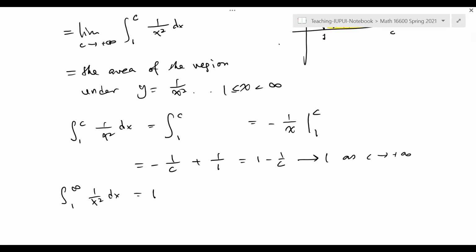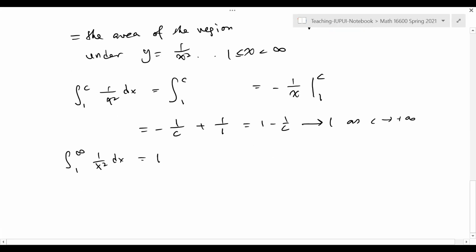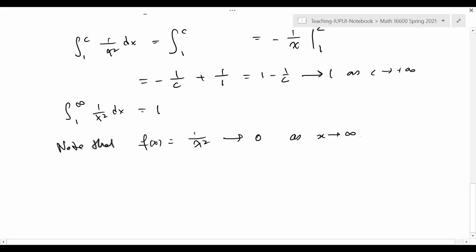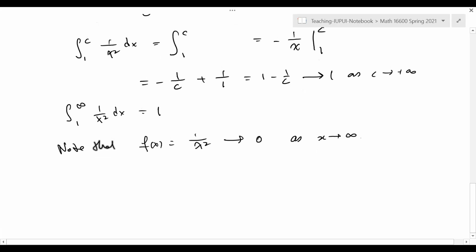Now, once you do this problem, you may wonder, is this always true if the function approaches 0? f of x equals 1 over x squared approaches 0 as x approaches infinity. So you may guess, if the function approaches 0, is the integral finite?